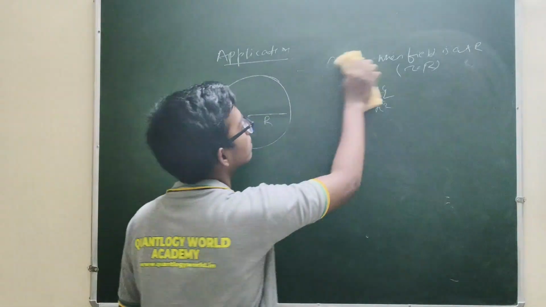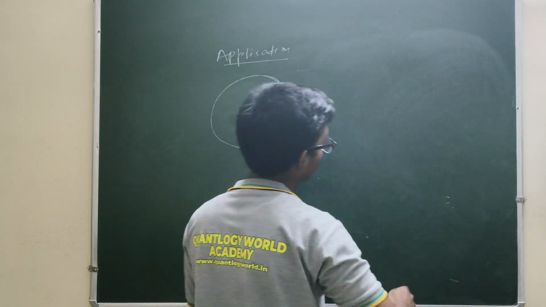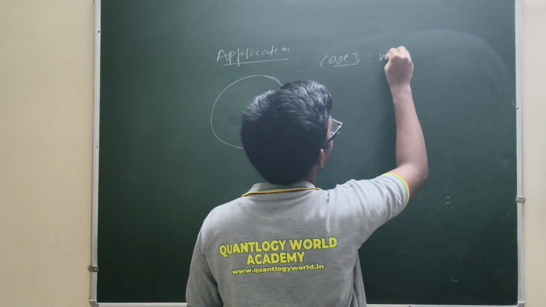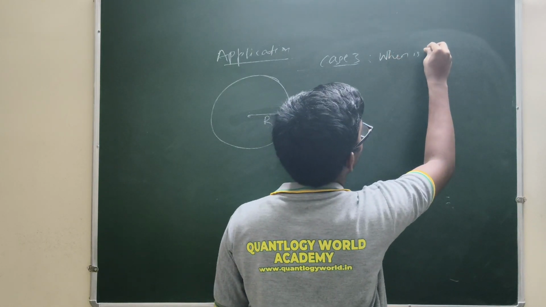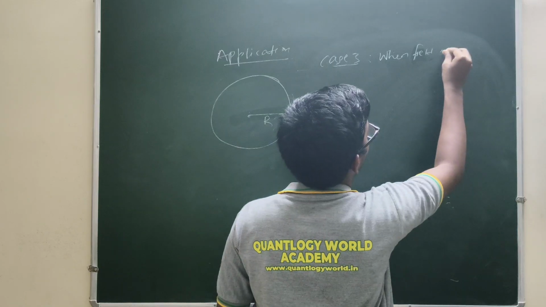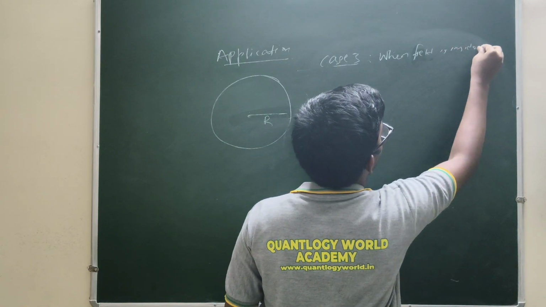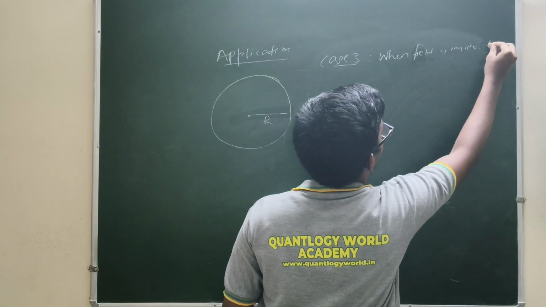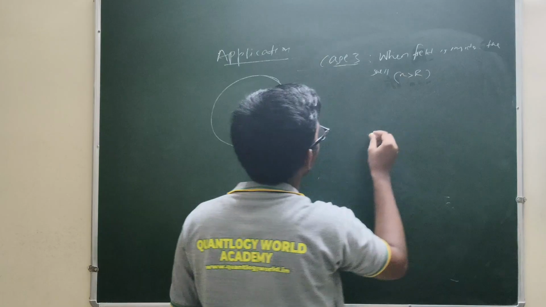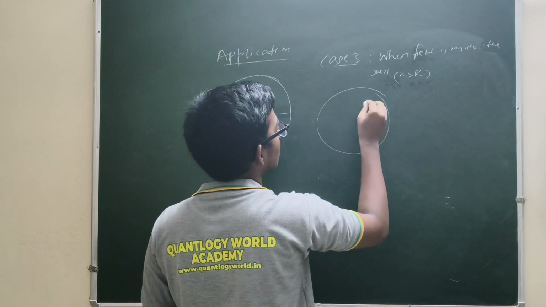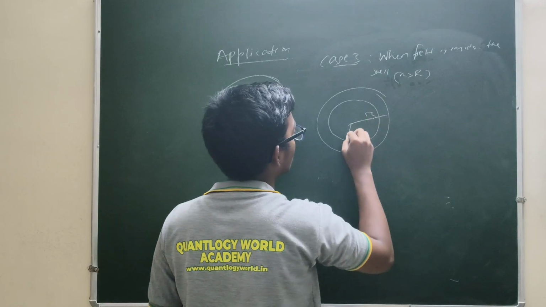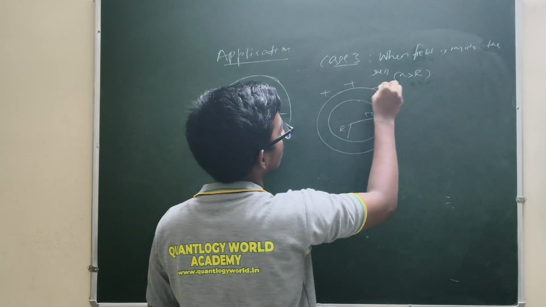And now case 3, that is when field is inside the shell, that is r is less than R. Consider a shell, and here r is less than R. Here the outer shell is charged.